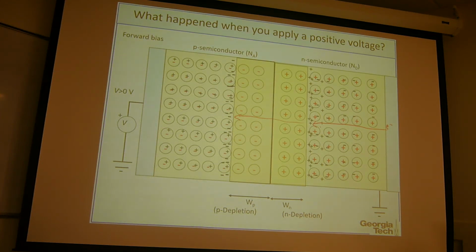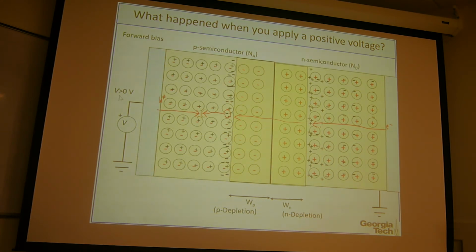So this side you have more electrons. These electrons will further diffuse into the p-type. Meanwhile, this hole will also go this way, and they will recombine somewhere here.